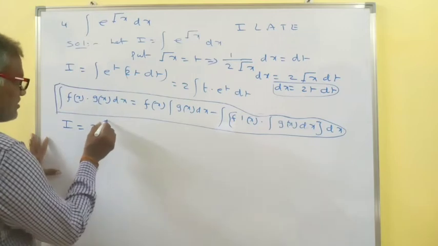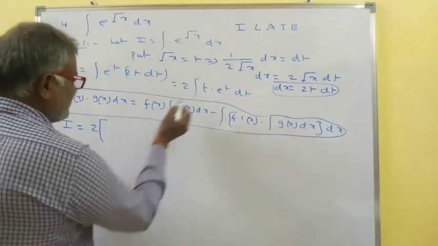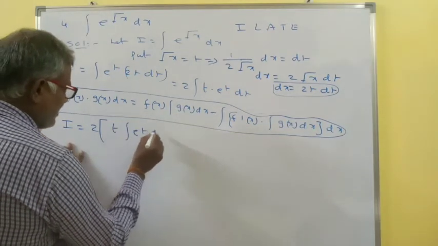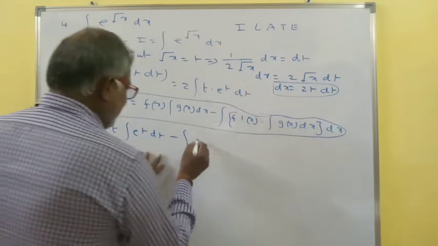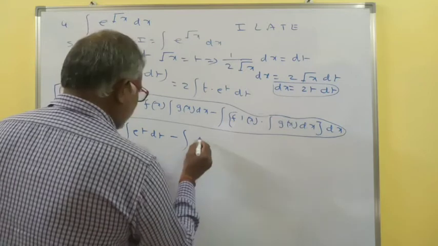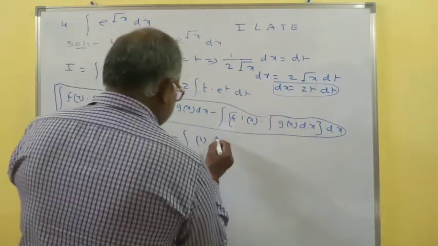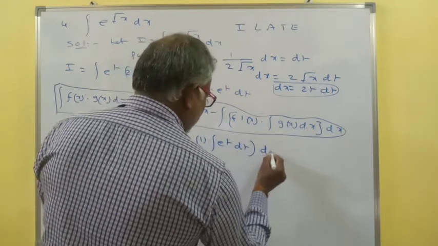Just write 2 into, what is our first one? T into integral of second one. Okay. Minus integral of first one's derivative. First one's derivative is 1, next into integral of e power t dt.